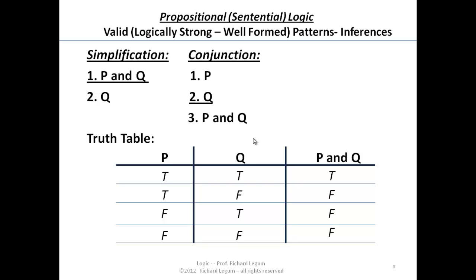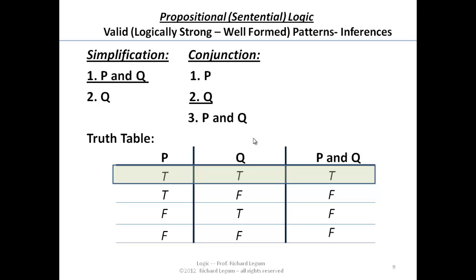So notice the only case in which you have P and Q being true is our first case, which explains simplification. That is, if we know that the premise P and Q is supposed to be true, and the only place it's true is that first row, we can conclude that Q is true.